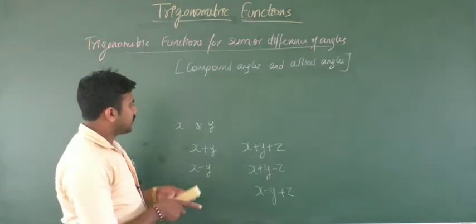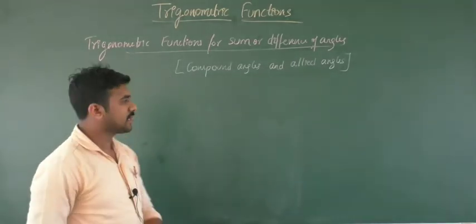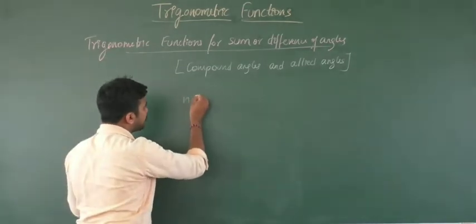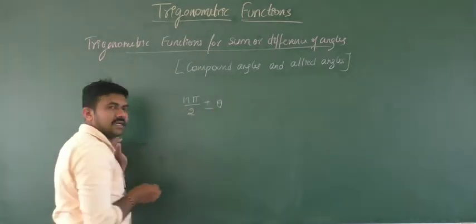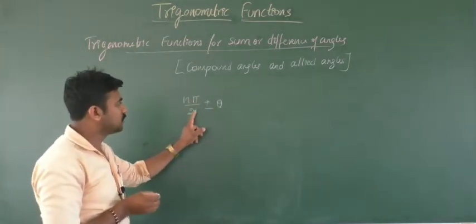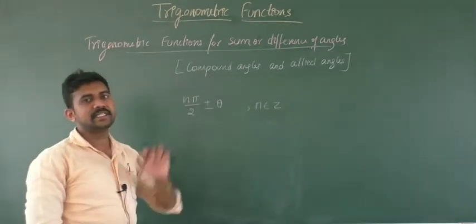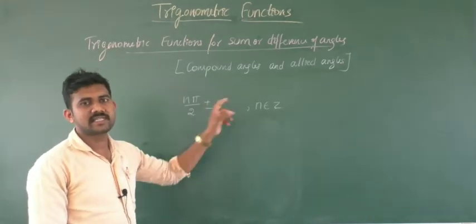See, what is meant by allied angles? If you consider the angles of the form n pi divided by 2 plus or minus theta, where n belongs to any integers, then such angles are called allied angles.